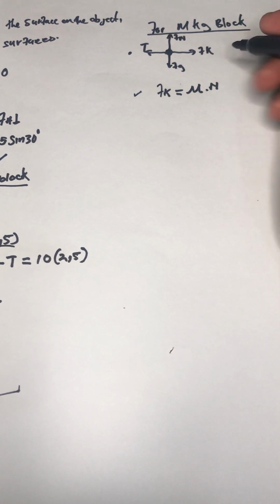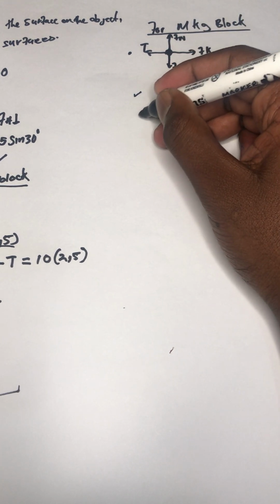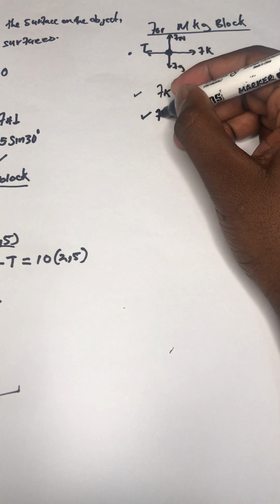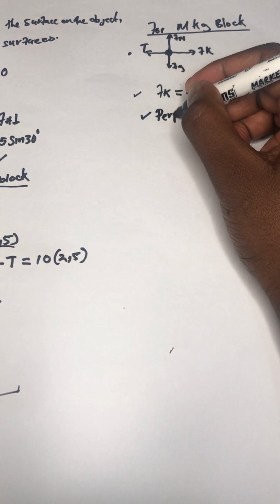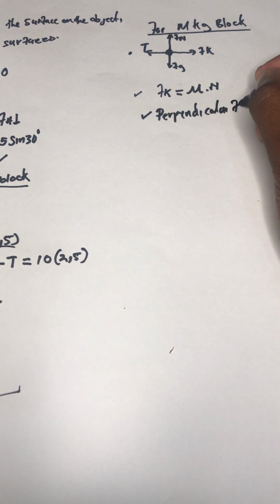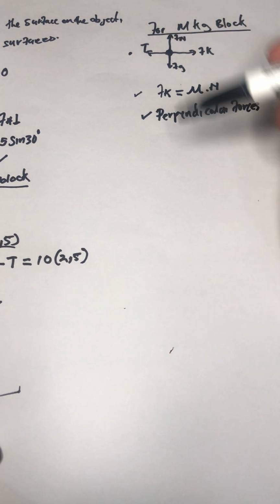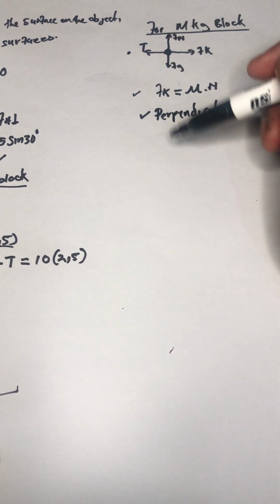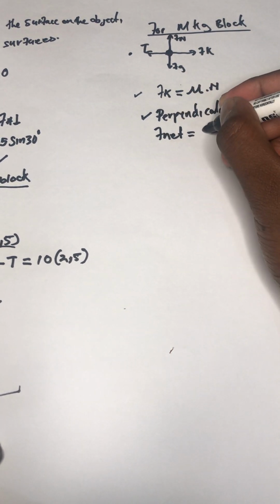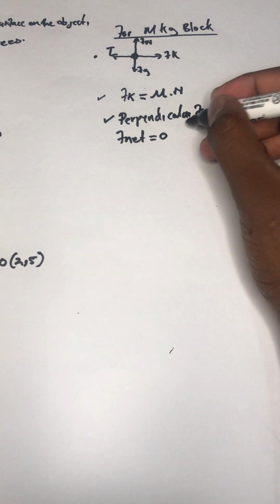How do we get the normal force in this case? To get the normal force we look at the perpendicular forces. Why do we look at perpendicular forces? Because the normal force is a perpendicular force. Okay, so F net is equal to 0 for perpendicular forces.